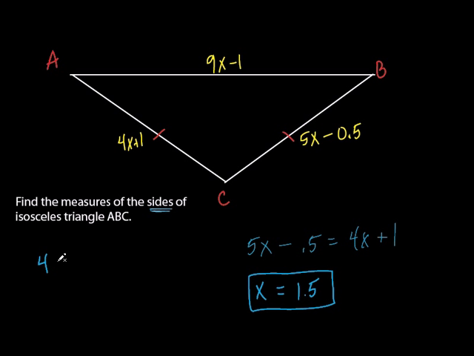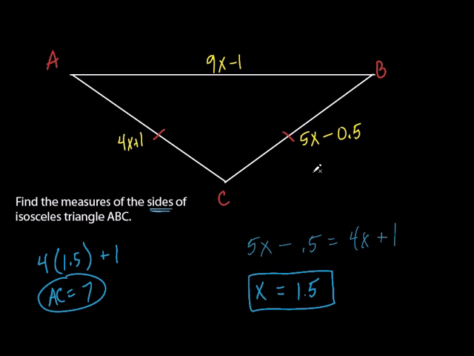It's going to be 4 times x, which is 1.5, plus 1. 6 plus 1 is 7. So AC, we'll write it like this. The length of AC, notice I didn't put a line segment over top of it, because when you don't do that, it means the length of. What is the length of line segment AC? Well, it's 7.